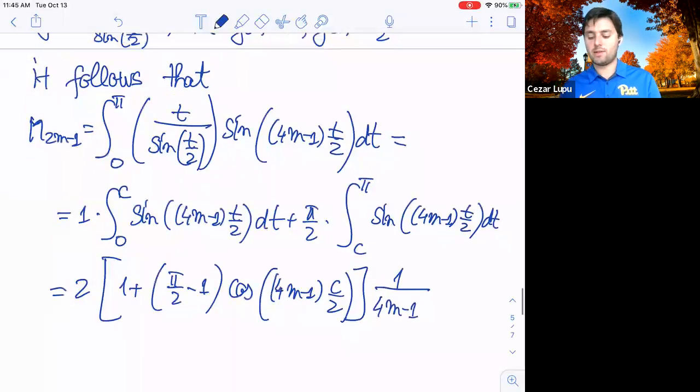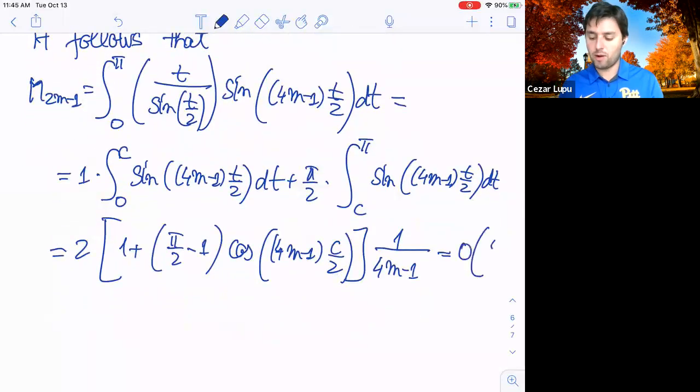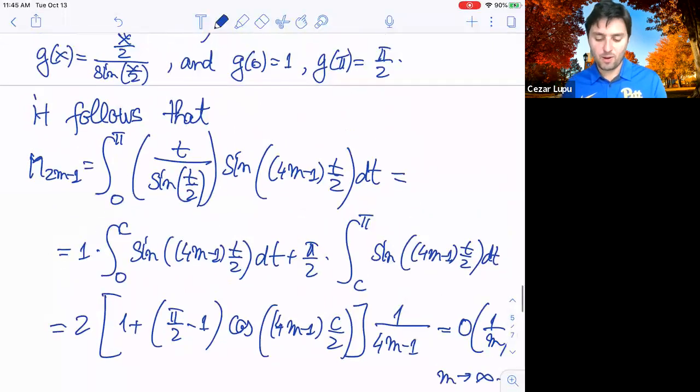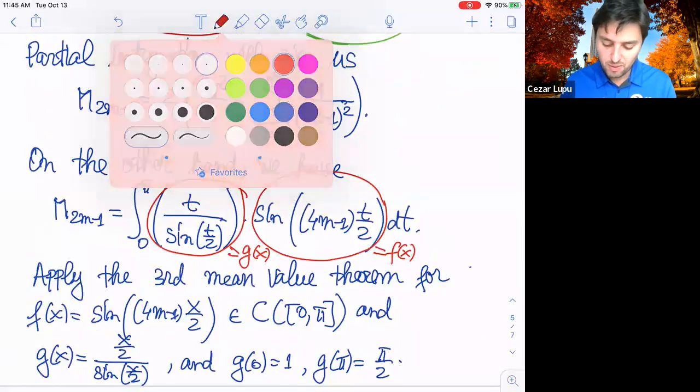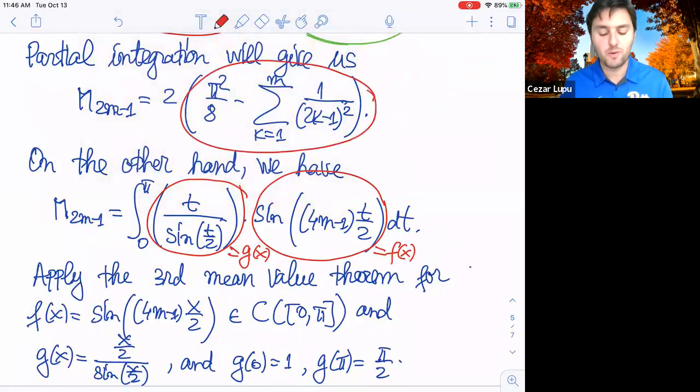Well, this clearly is O of 1 over m as m approaches infinity. So we don't have any problems. This will go to 0. And now guess what? Look at this expression here. It will follow immediately that this guy goes to 0.